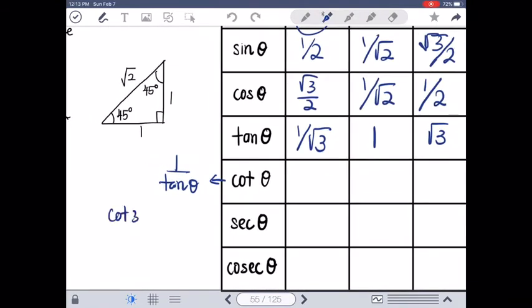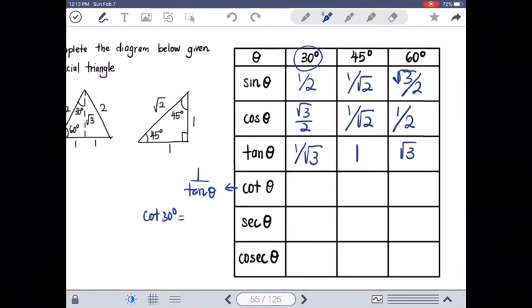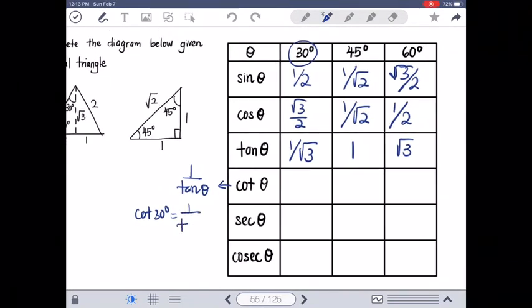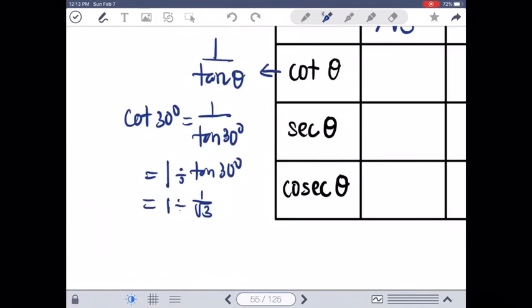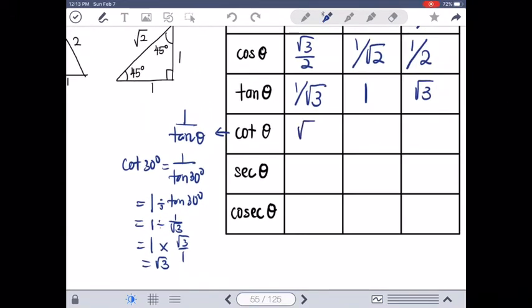So if we want to find cot 30 degrees, that means 1 over tan 30 degrees, which is 1 divided by tan 30 degrees. Tan 30 degrees is 1 over square root of 3. So this is 1 times square root of 3 over 1, which is just square root of 3.